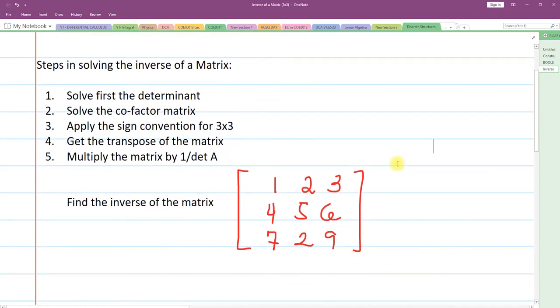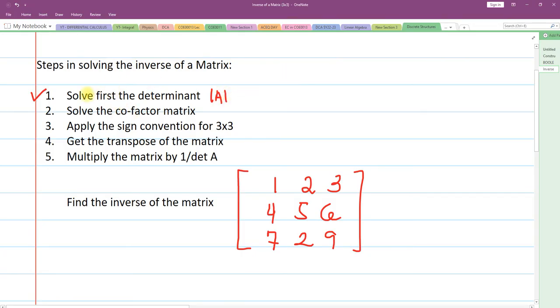Let us first discuss the steps of getting the inverse of a certain matrix. Number one, we are going to solve the determinant of that matrix.